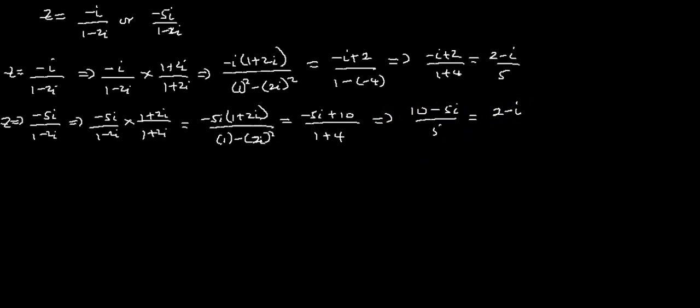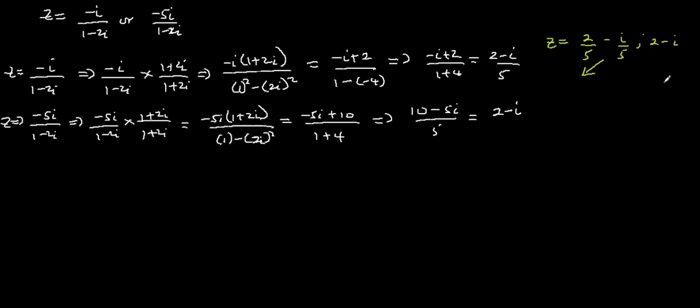So let's compare these two values. Now, we have z equal to 2 over 5 minus i over 5, and we have it equal to 2 minus i. So if we compare these two values very well now, we discover that this one applies more.